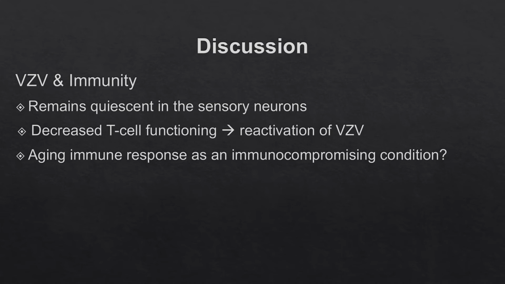As we age, we have decreased T cell functioning, which is why shingles is mainly seen in elderly populations. This begs the question, is the aging immune response an immunocompromising condition? Well, IDSA and CDC do not list aging immune response as an immunocompromised condition.